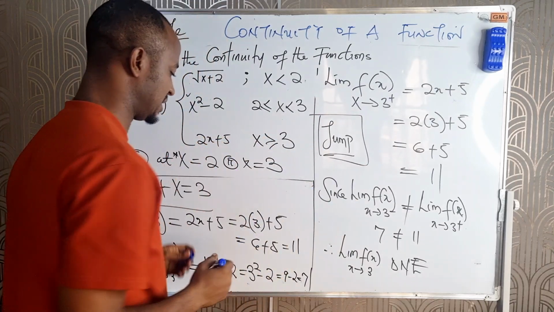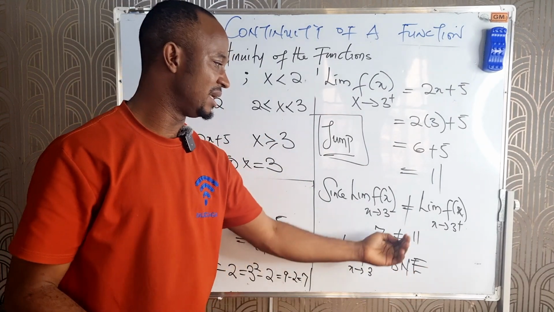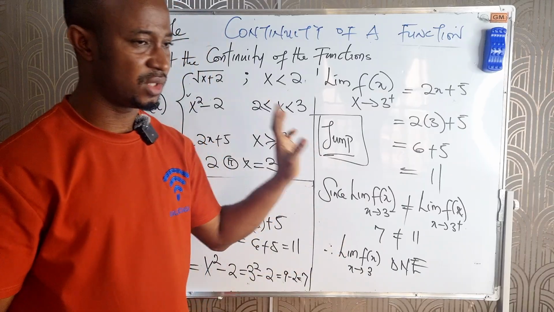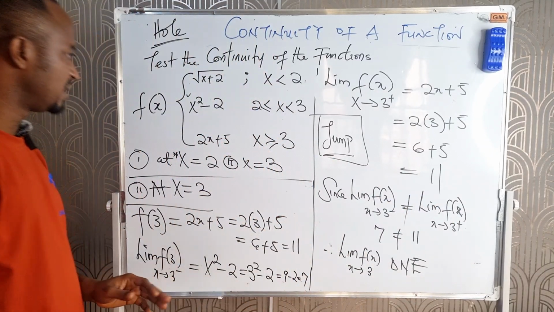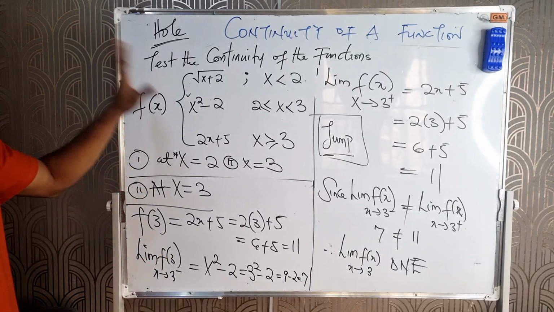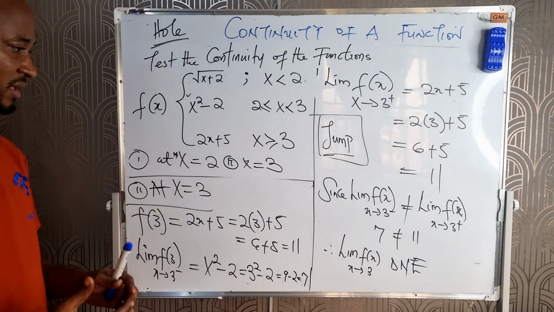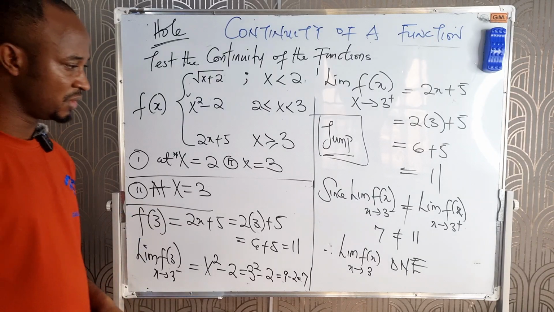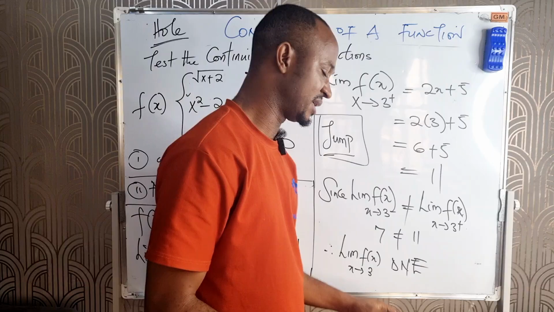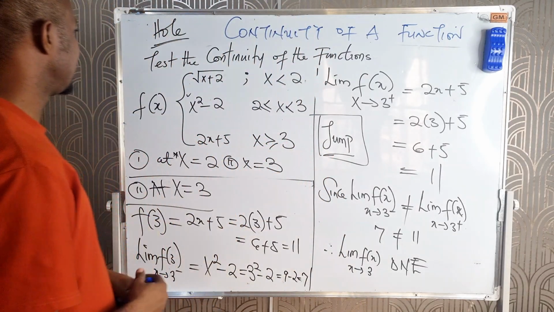A jump is experienced when the limit of f of x does not exist, meaning the left-hand side limit is not equal to the right-hand side limit. So the function is not continuous at x equals 3 because the second condition failed, which is that the limit of f of x does not exist. Okay, let's see another example.